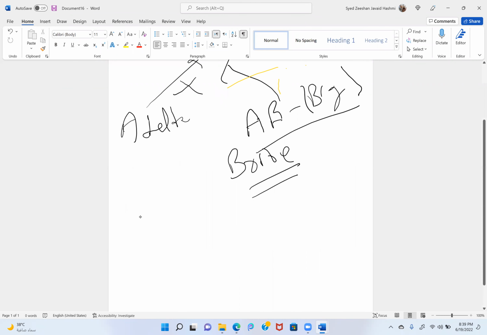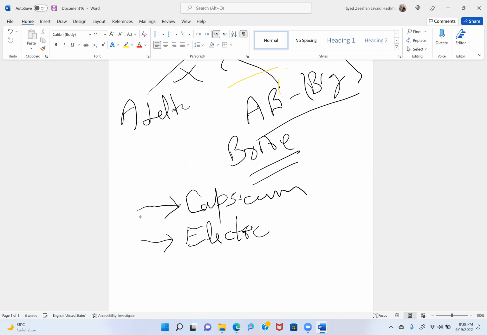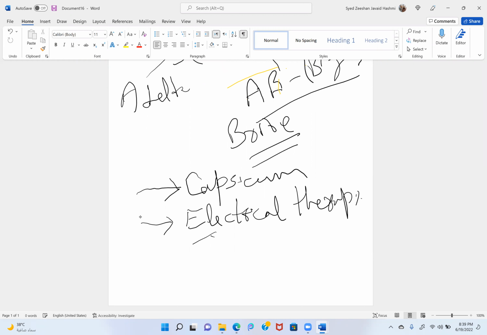Which medications or processes act on gate control? Yes, capsicum. And electrical therapies, like TENS, like acupuncture, like acupressure.